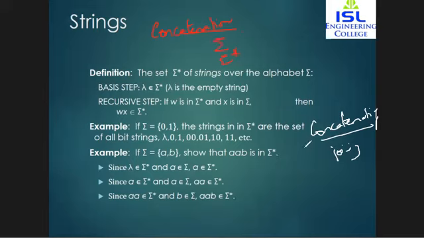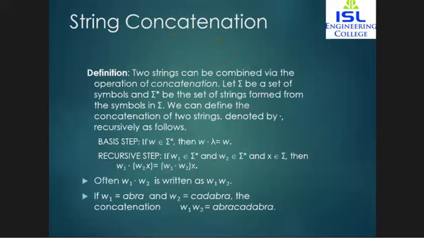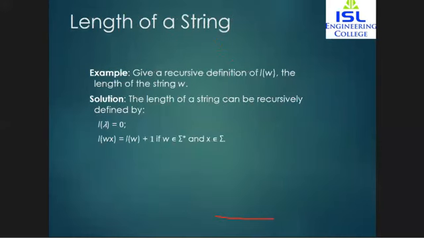Now based on this, let's see the definition of string concatenation first. Two strings can be combined via the operation of concatenation, that is, sigma is a set and sigma star is the set of strings, then we can concatenate in the following way. Suppose if w1 is abra and w2 is kadabra, then the concatenation will basically join these two strings. Now, the next is the length of a string.